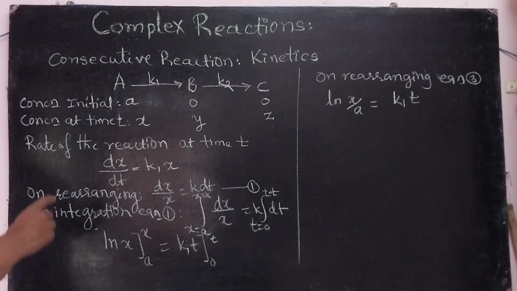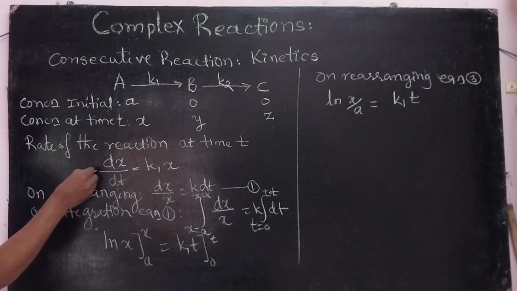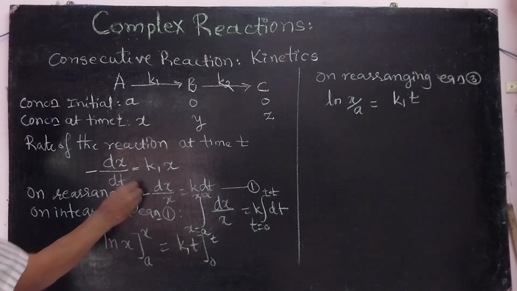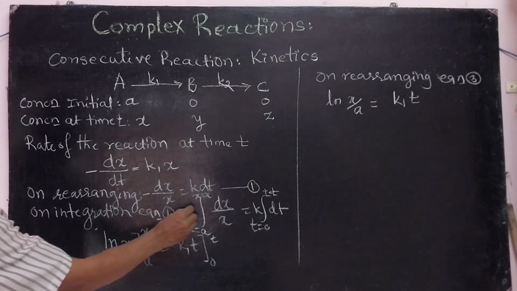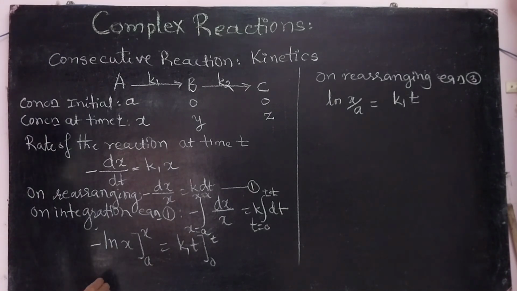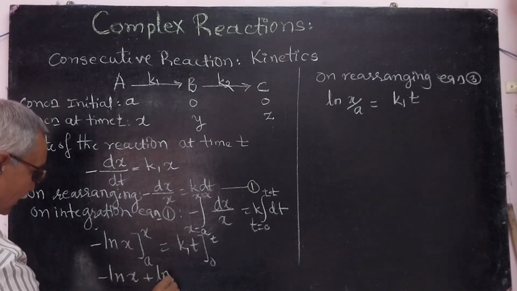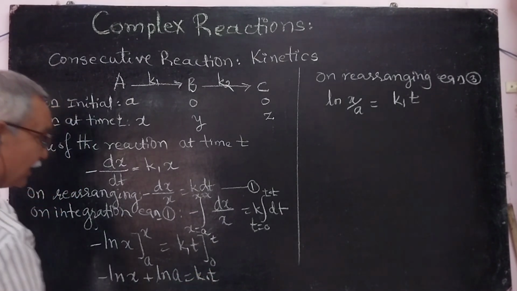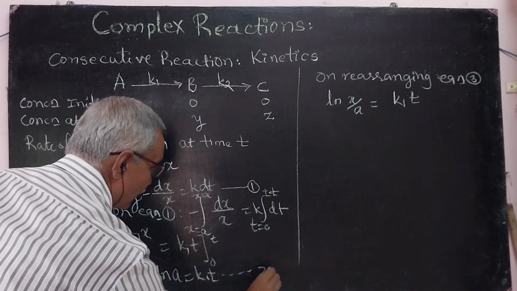Here the concentration of x is decreasing, therefore this is with the negative sign, minus dx by dt. Thus we get minus ln x plus ln a is equal to k1 into t. Suppose this is equation 2.